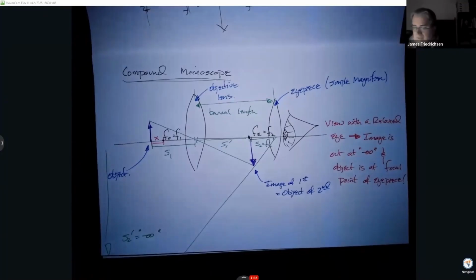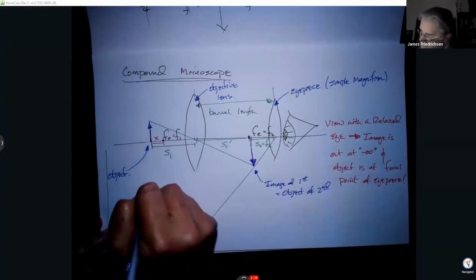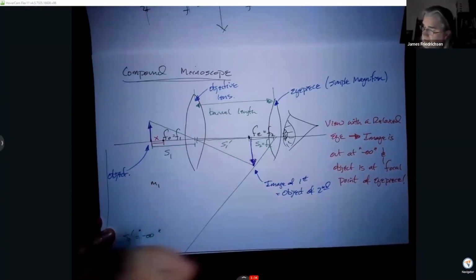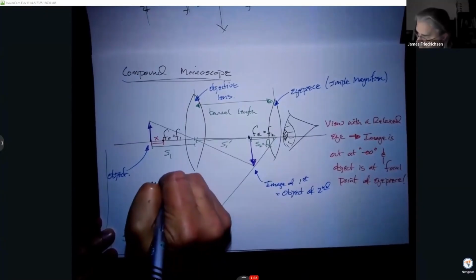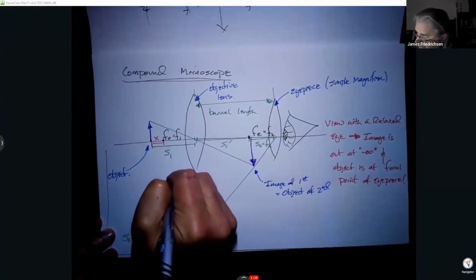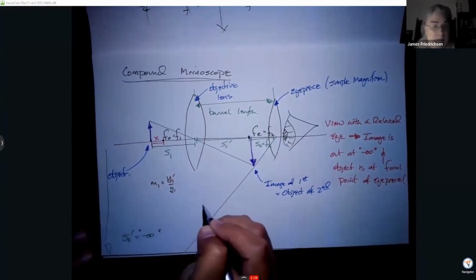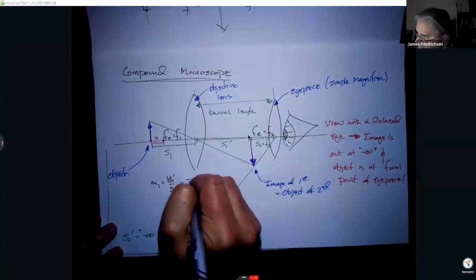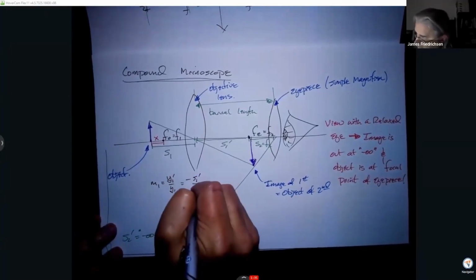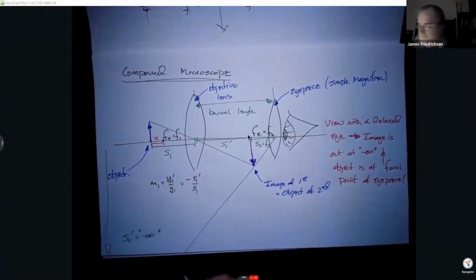And so if we go in and look, one of the things we can talk about is the magnification. The magnification of lens 1, the lateral magnification, is y1 prime over y1, and that's equal to minus s1 prime over s1. Okay. So there we go.